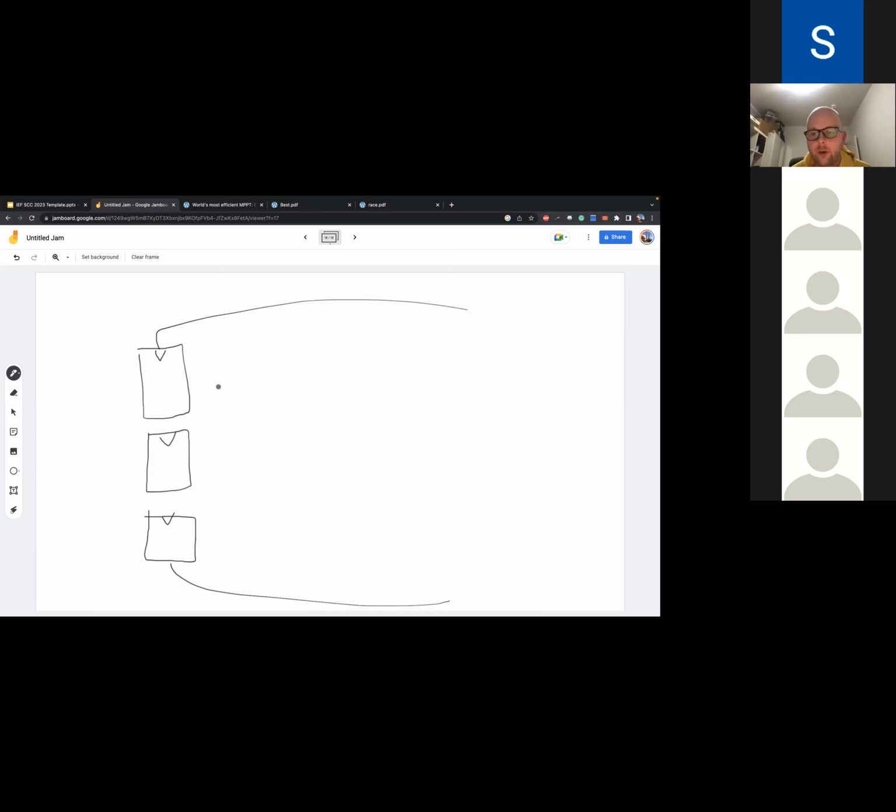What I think we should be doing is, MPPT, this is a boost. That connects to your battery.